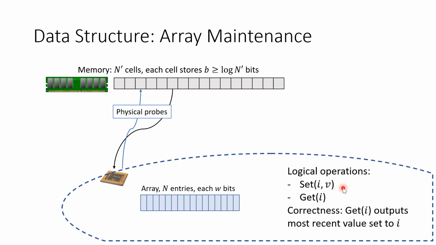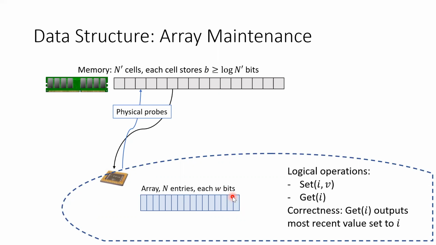The array data structure is too simple, so algorithm textbooks don't really discuss how to implement it. In the RAM model, we can just directly store the whole logical array onto the physical memory cell array, like a one-to-one mapping, or we can store many array entries in one memory cell if the memory cell is really large.